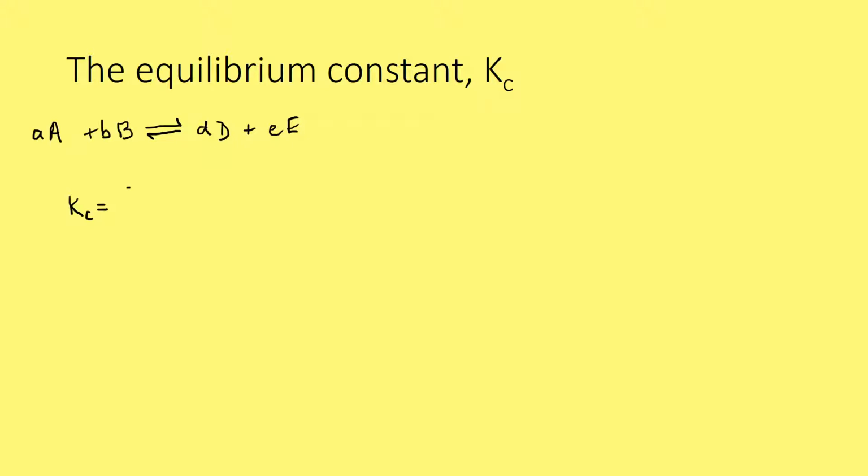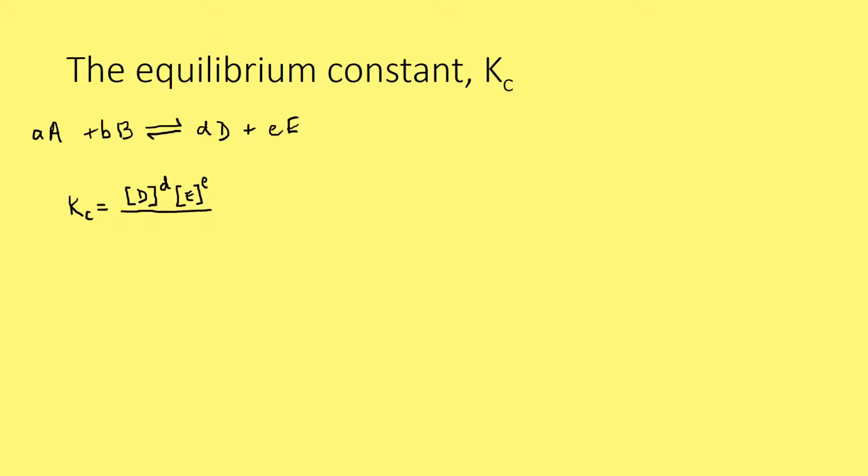So we take the concentration, remember the square brackets, of D, to the power of the number of moles of D in the balanced equation, so we put a small d here. The other product is E, so we take the concentration of that at equilibrium to the power of small e, the number of moles of E in the balanced equation.